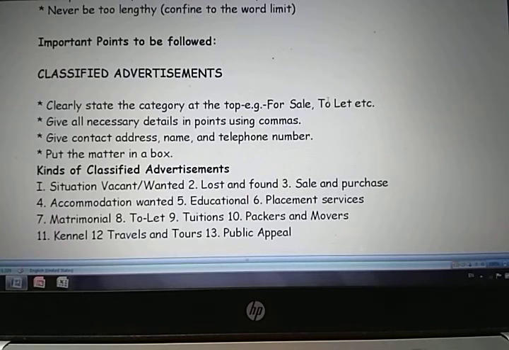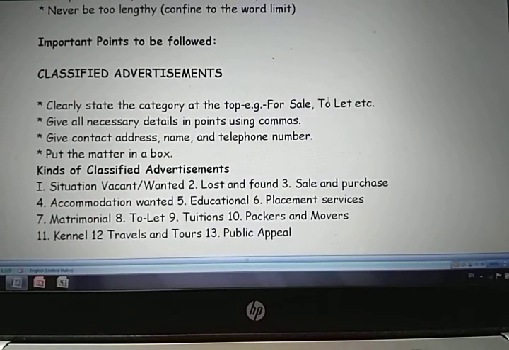Situation vacant means what? Both are quite opposite. Here the employer gives, there the employee gives. That is the thing. Lost and found. Suppose you lost something, a purse, a bag, misplaced. And the same thing, suppose you found them. Sale and purchase, sale of some property, vehicle, anything.